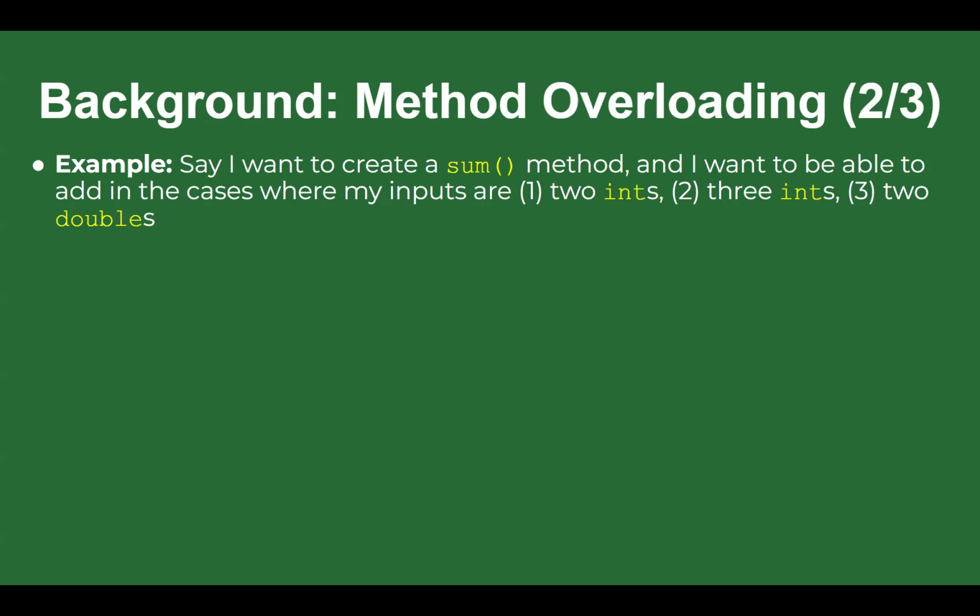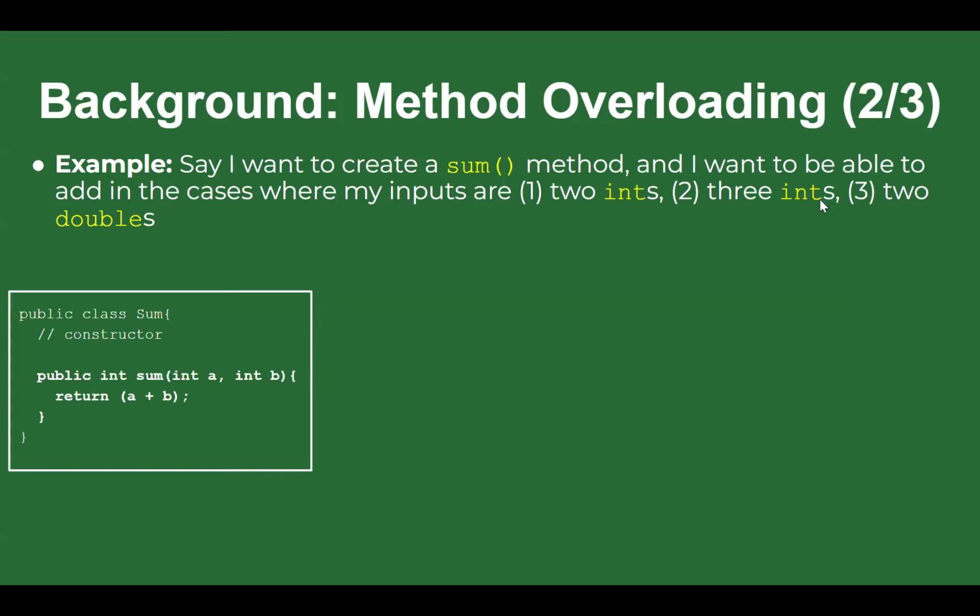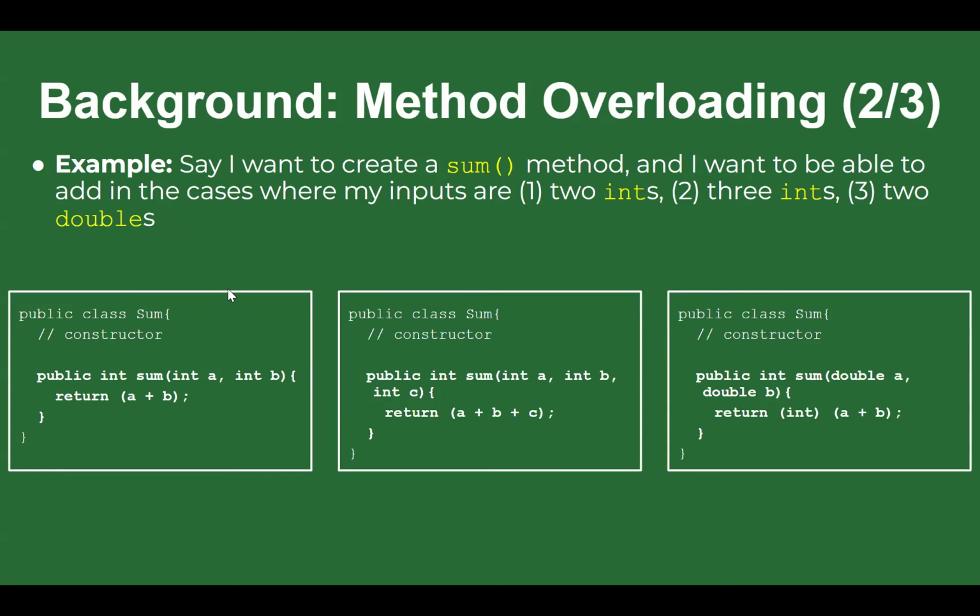So for example, say I want to create a sum method and I want to be able to add in the cases where my inputs are 1 int, 2 ints, and 3 ints, or 2 doubles. So these different sets of arguments are very different, but the goal of the sum method would be the same for all three of these methods. To achieve this in Java, we would literally write three separate methods that have the same name.